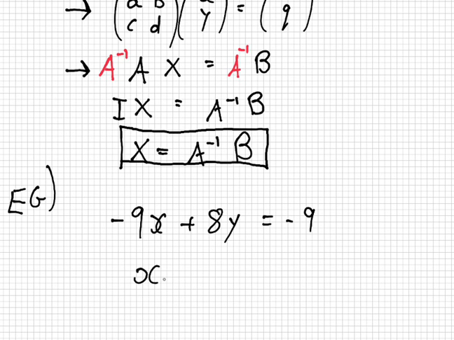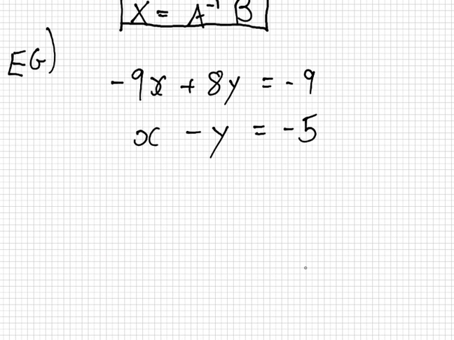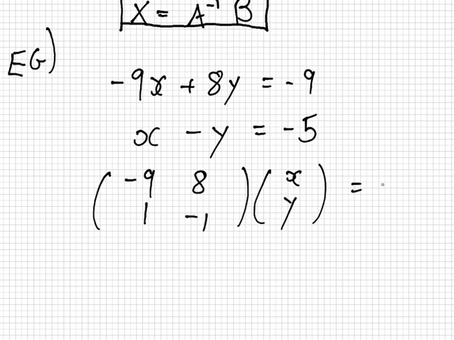And then x minus y equals minus 5. That's just the first one there. So firstly, write it in matrix form. That's [minus 9, 8; 1, minus 1] times [x; y] equals [minus 9; minus 5].